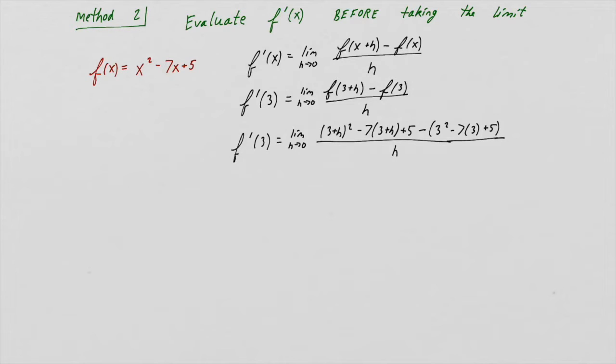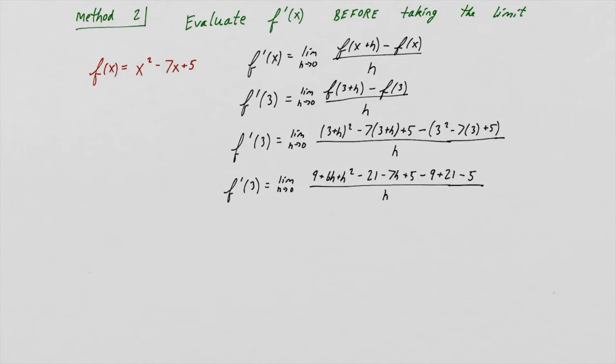And now we're just going to simplify this. We're going to multiply the binomials together, distribute the negative 7, all that fun stuff here. F prime of 3 equals the limit as h approaches 0 of, we're going to have 9 plus 6h plus h squared minus 21 minus 7h plus 5 minus 9 plus 21, we have 2 negatives there, minus 5, all over h.